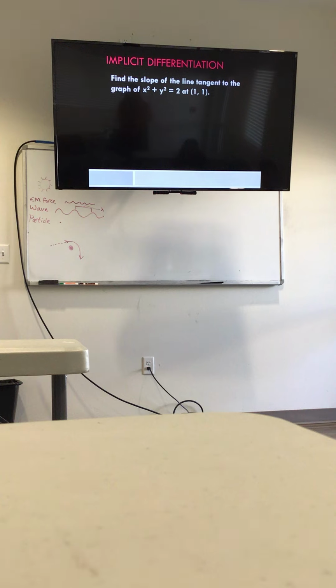Now, when it comes to a slope, I'm going to see if you can remember something. All of the derivative questions that we have faced up until this lesson, have they said dy over dx, or have they said dx over dy? Dy over dx. Notice this question does not say find dy over dx.